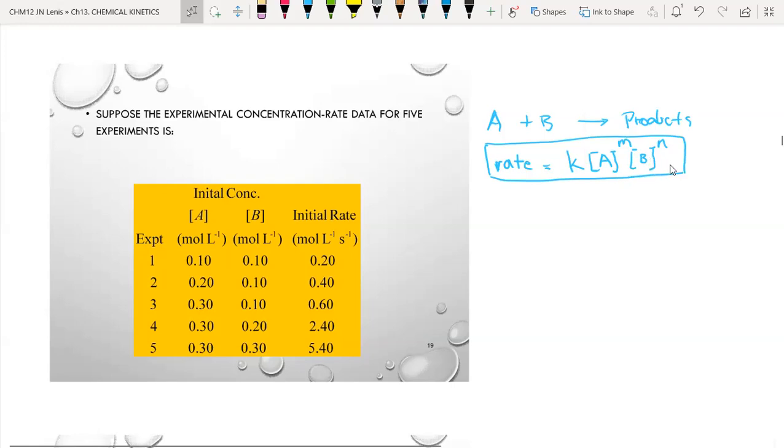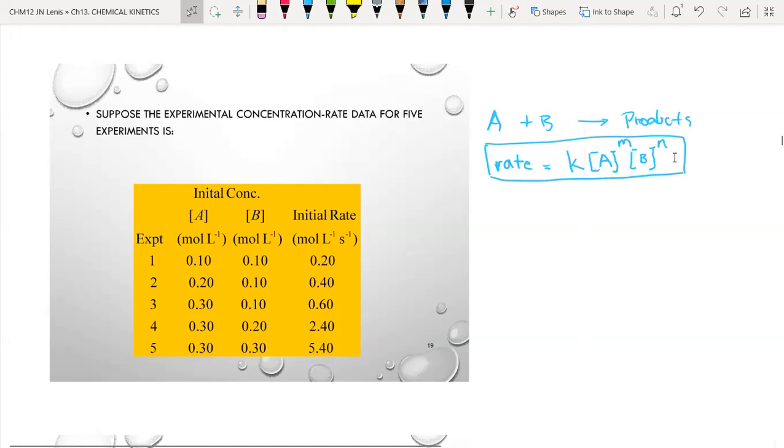Or how the concentration of any reactive is affecting the overall speed of the reaction. That is the meaning of the rate law. It tells you how the concentration of every individual reactive affects the speed of the reaction.